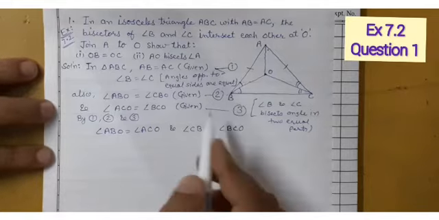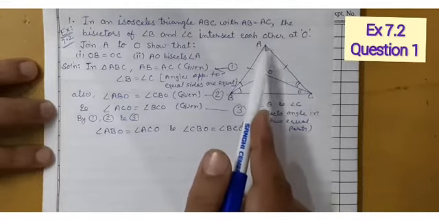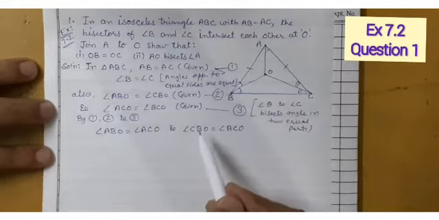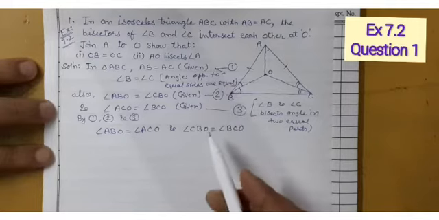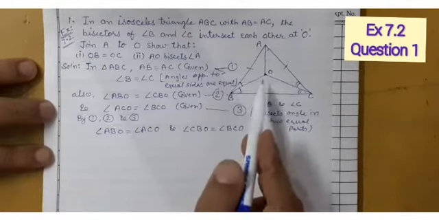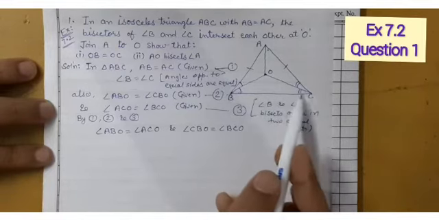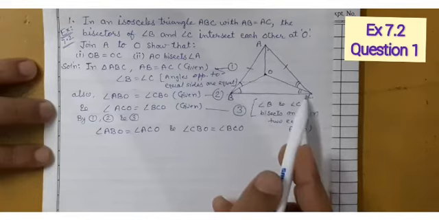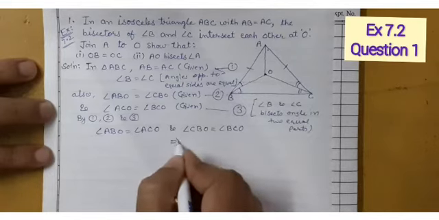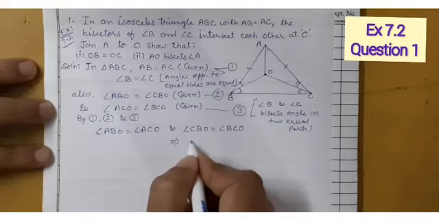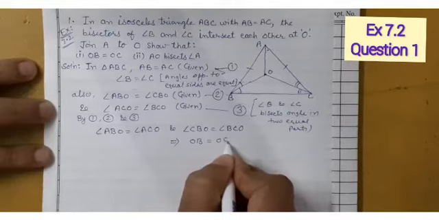Angle ABO and angle ACO both are equal, and angle CBO and angle BCO are equal. If these two angles are equal, then the sides opposite should be equal. From this we can say OB equal to OC.